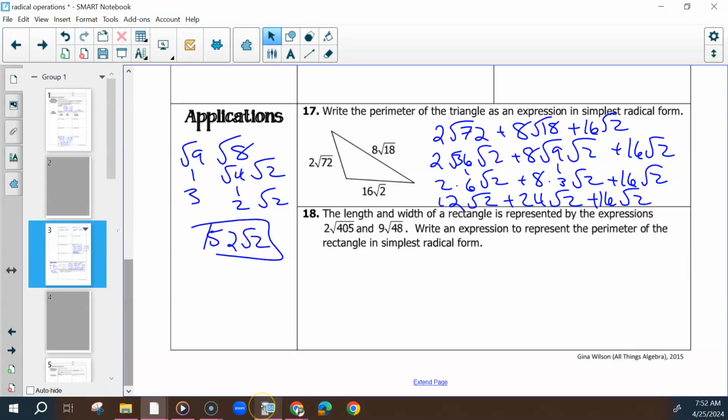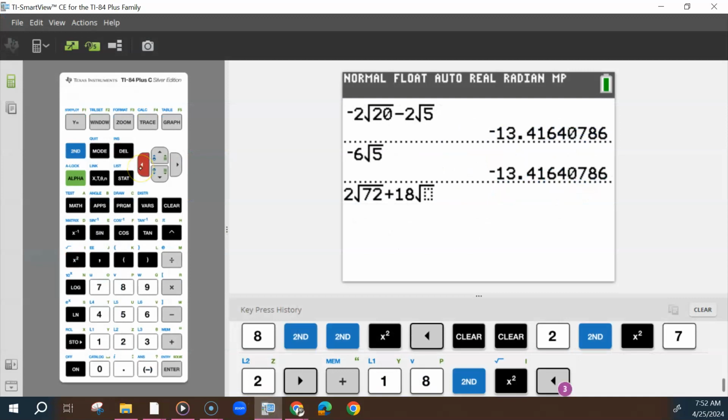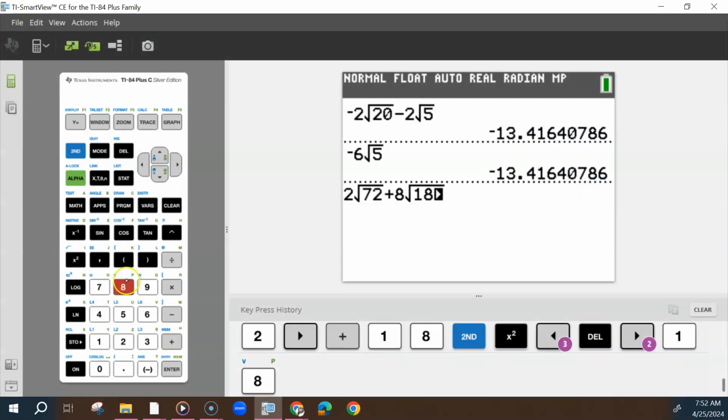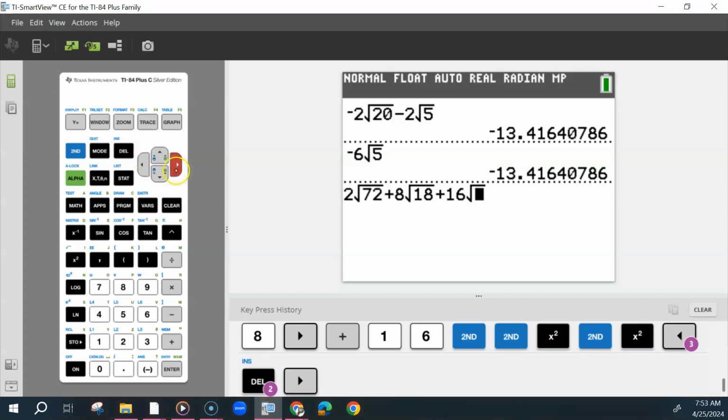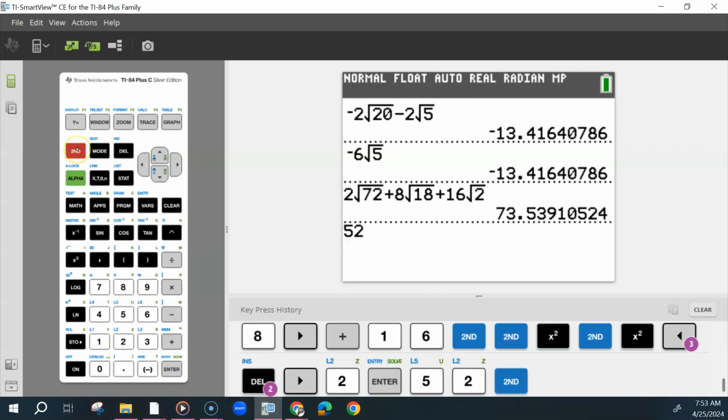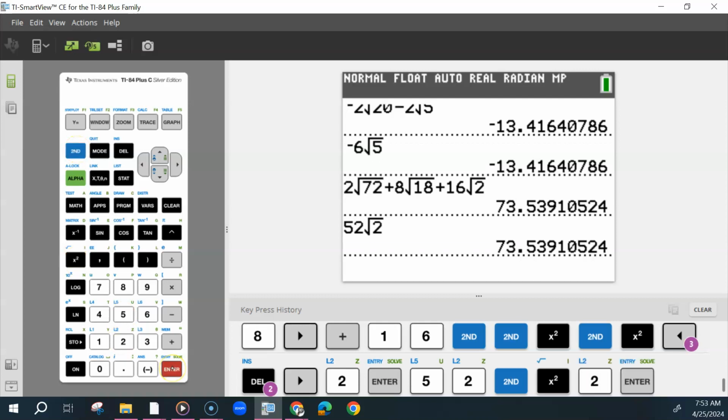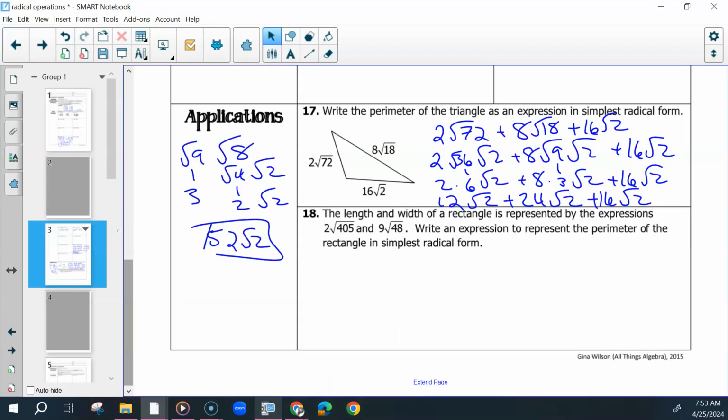Actually, I think it was a square root. That's 8 and a square root. What was the last one? Okay, and then our final answer was 52. And we got the same. So please double check your answers in your calculator when you get questions like this on the SLO.